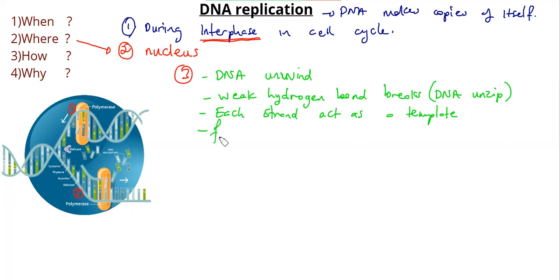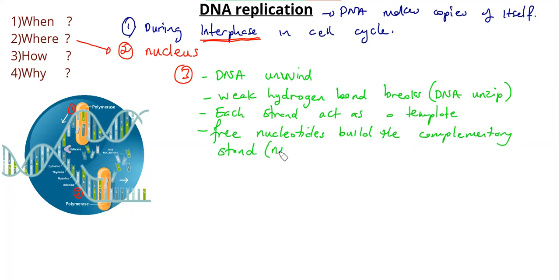So free nucleotides build the complementary strand, which is the new strand, through specific base pairing.